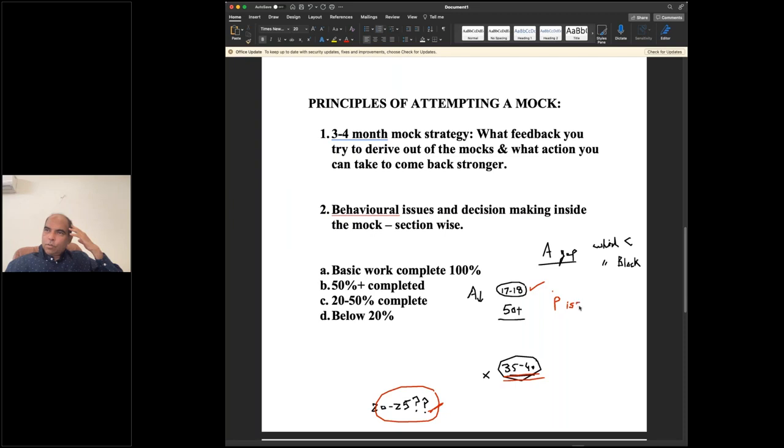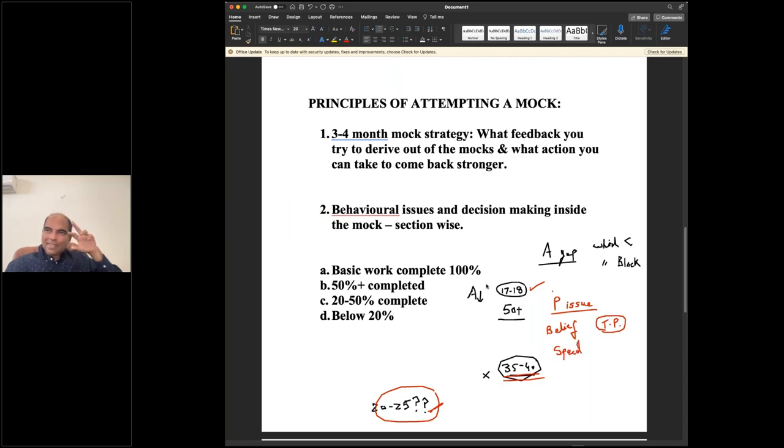And the performance issue could be due to two reasons. One is you don't have the belief under time pressure and under the pressure of your expectations. So your belief is failing you. The second is your speed is failing you. You're too slow.